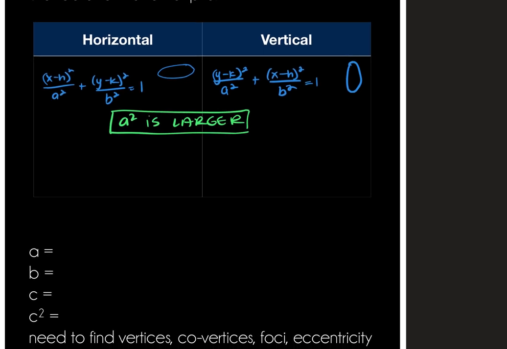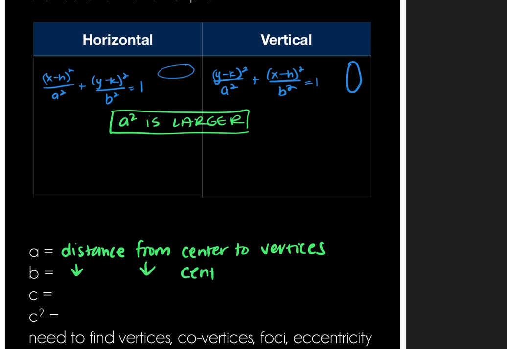So your a is the distance from center to vertices. b is the distance from center to co-vertices. And c is the distance from center to foci.